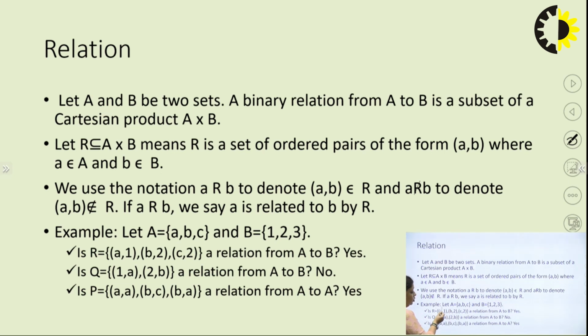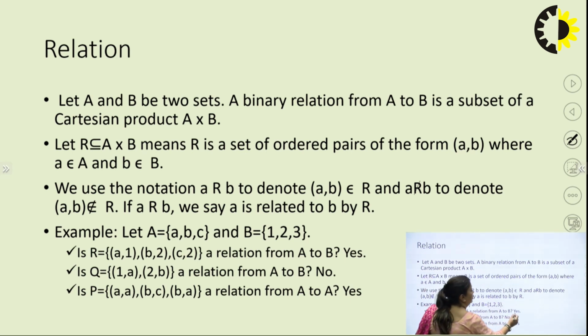Because the first component is a, which belongs to set A, and the second component is 1, which belongs to set B. Same way, the second element is (b, 2): b is an element of set A and 2 is an element of set B. So again this qualifies. In the third element, the first component c is part of set A and 2 is part of set B. So we can say yes, this is a relation from A to B.